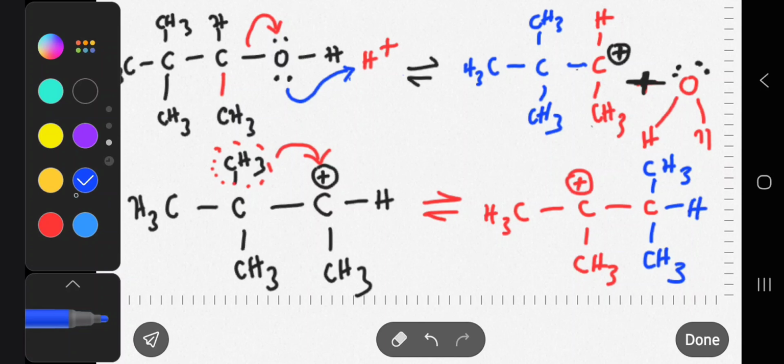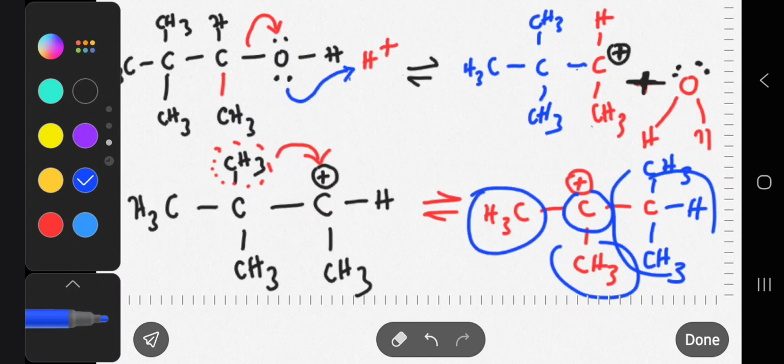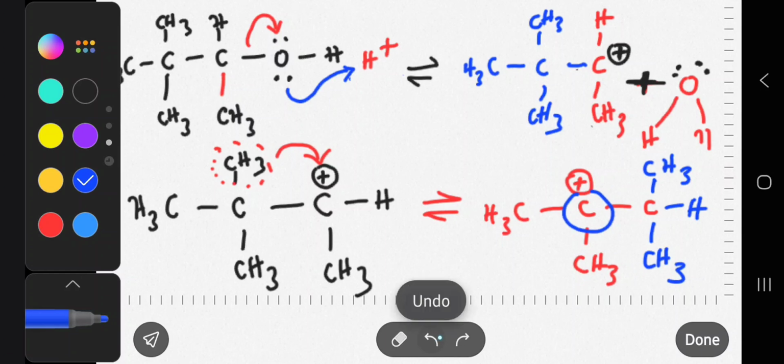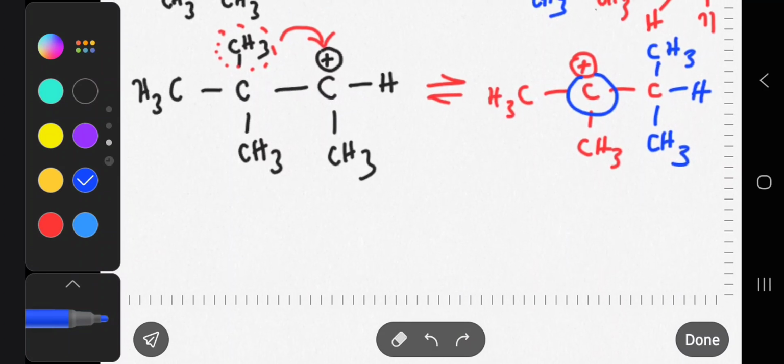So we've now shifted the positive charge to the more stable carbon. This is carbon. Now you can see that this carbon has 1, 2, 3, making it a tertiary carbon, because it's the most stable, right? That's our aim. So let's proceed. Now that we have achieved this, we can proceed again.